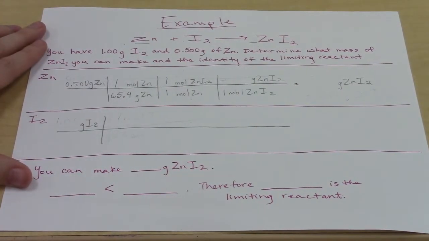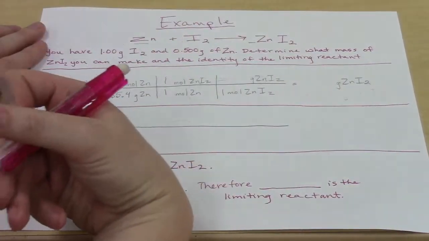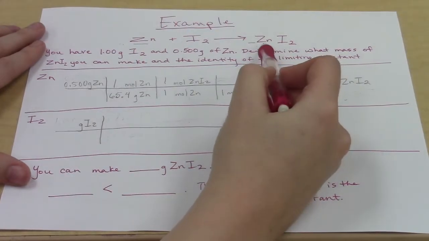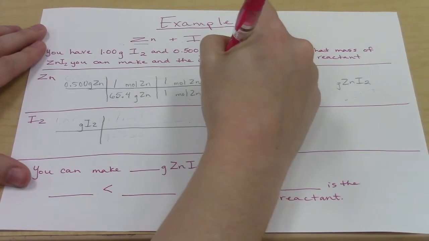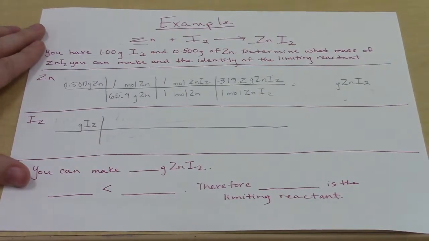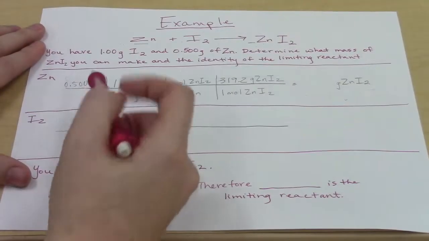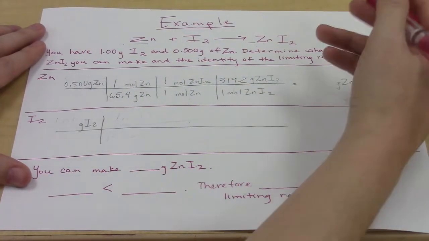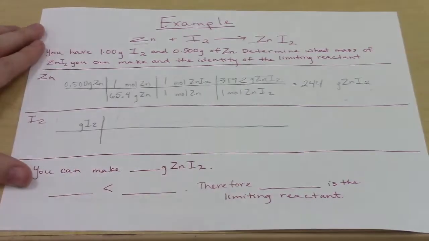Then I'm going to use the molar mass to convert moles of zinc iodide to grams. So again, using my periodic table, I have 1 zinc and 2 iodines. I'm going to combine that together to get 319.2 grams of zinc iodide. When I multiply all of this across and then divide by all of this, I end up with 244 grams of zinc iodide.